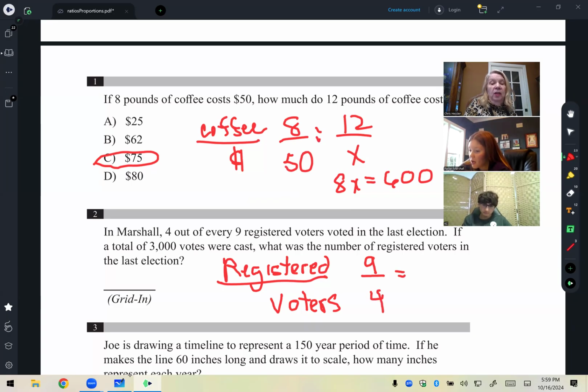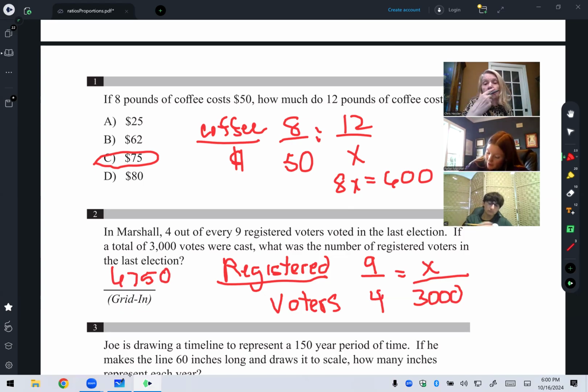We're having 3,000 votes cast. So how many were registered? Just use your calculator and cross multiply. I'm just doing enough of these that you sort of get all the kinks out. Did you get 6750?